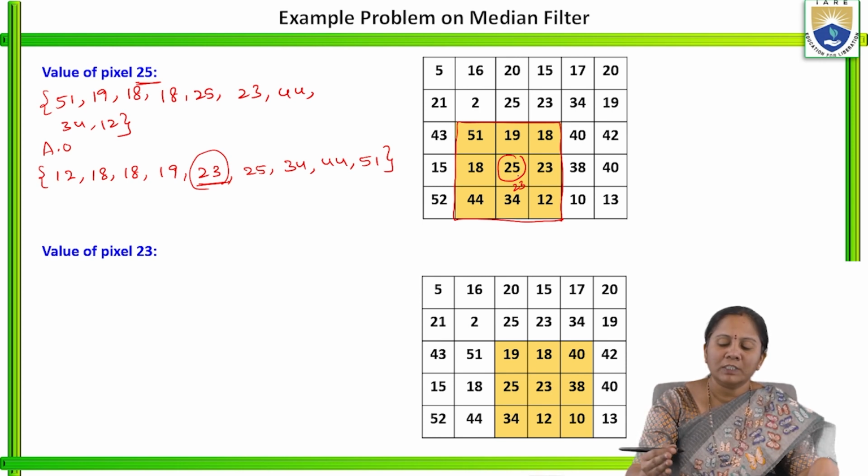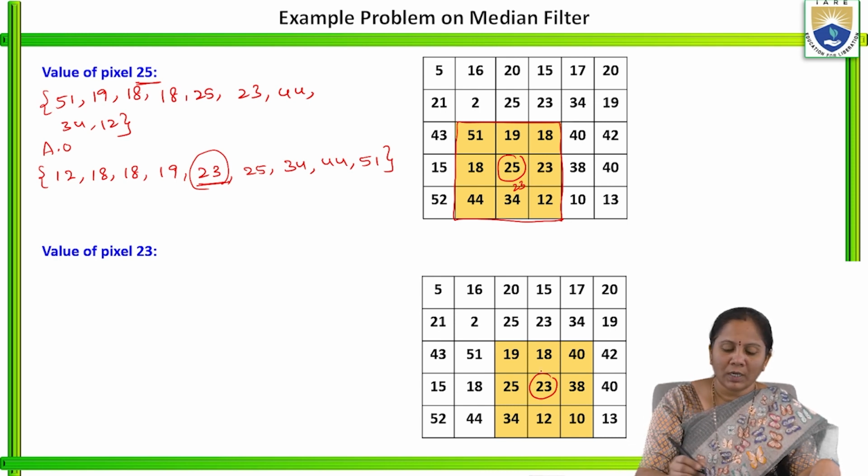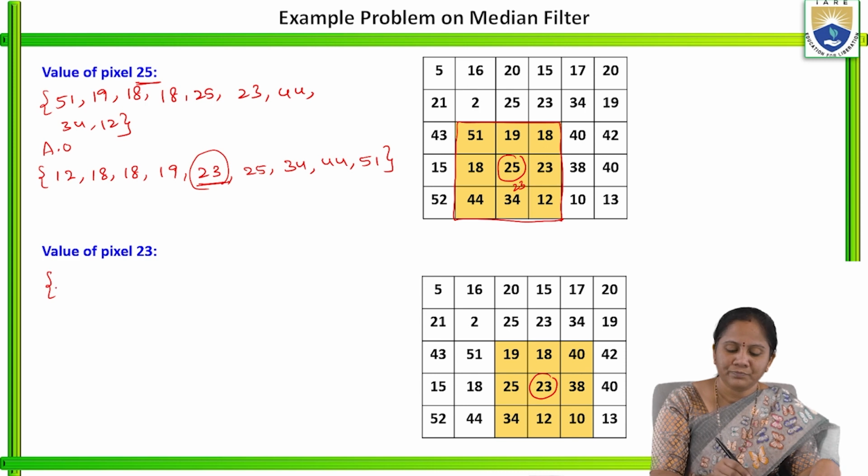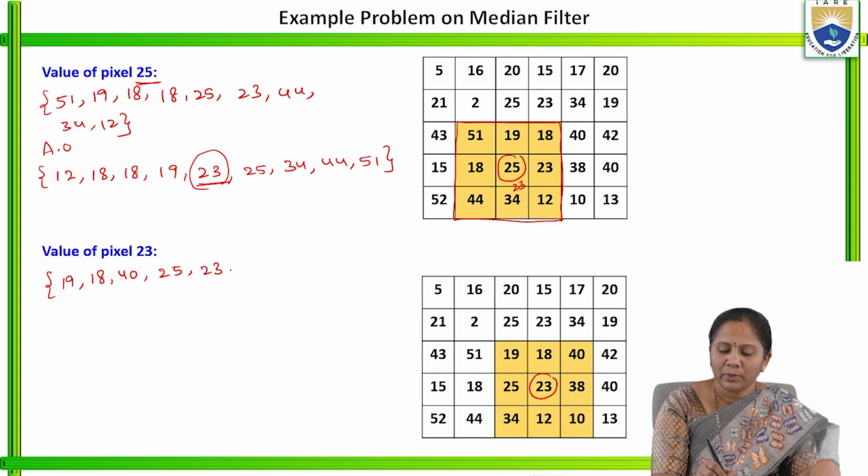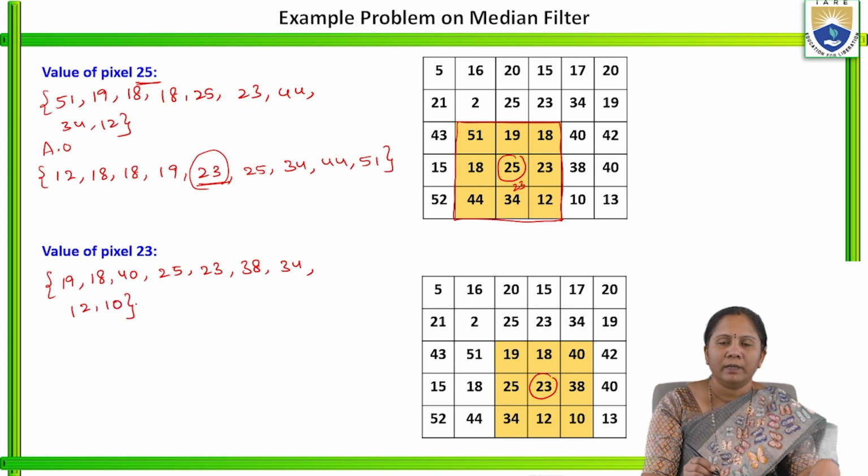So similarly, if we shift the mask towards right, this 23 will become the center pixel. So considering this 23 as the center pixel, see what are all the neighborhood pixels that are available. So we have 19, 18, 40, 25, 23, 38, 34, 12, 10. All these are the neighborhood pixel values.